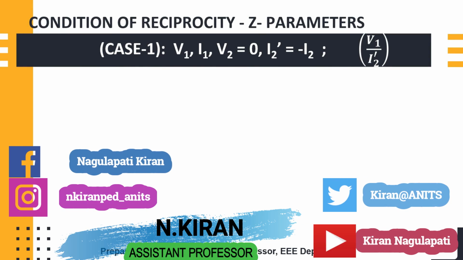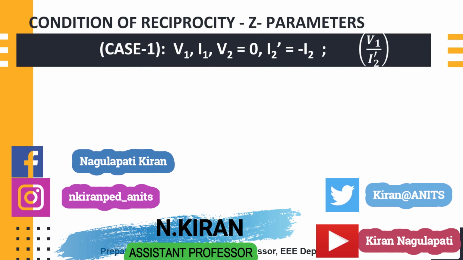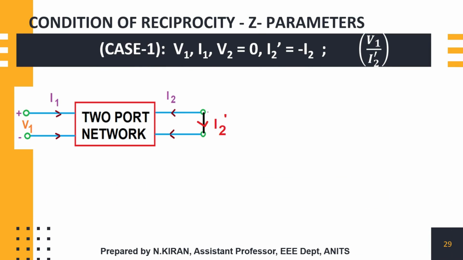The condition of reciprocity in case of Z parameters. Here I have considered excitation in the input port, and after short circuiting the output port, I have considered the response in the second port, that is I2 dash.